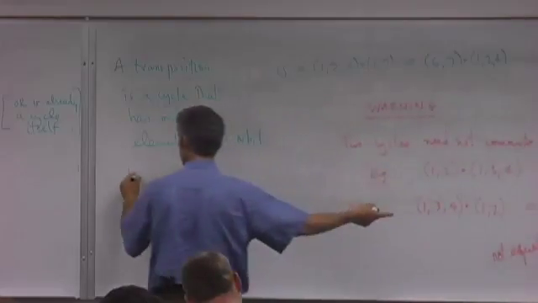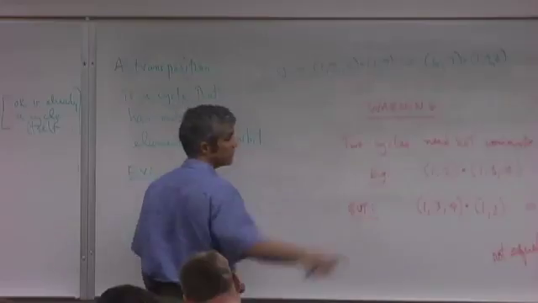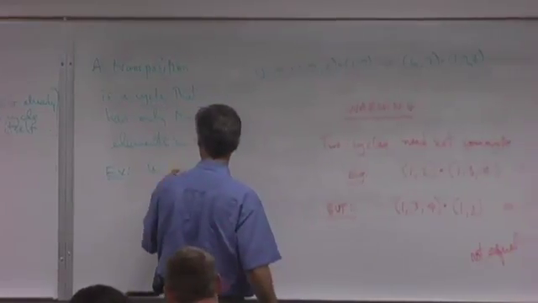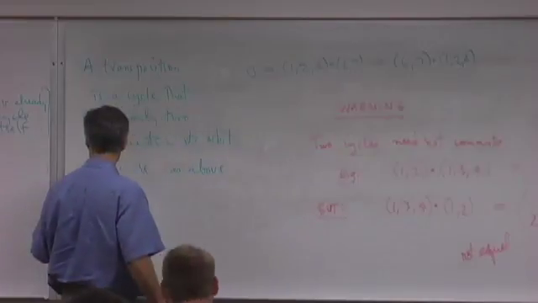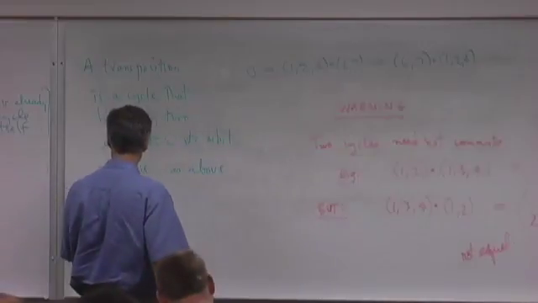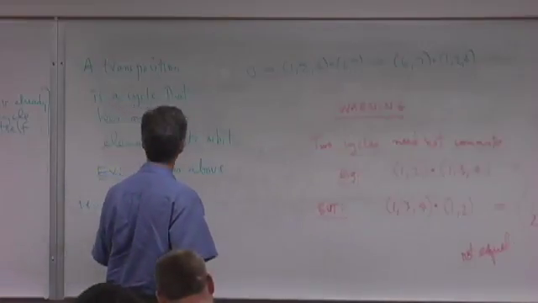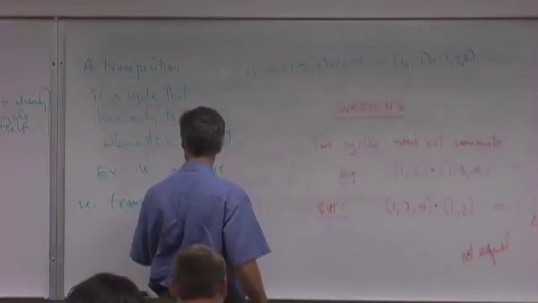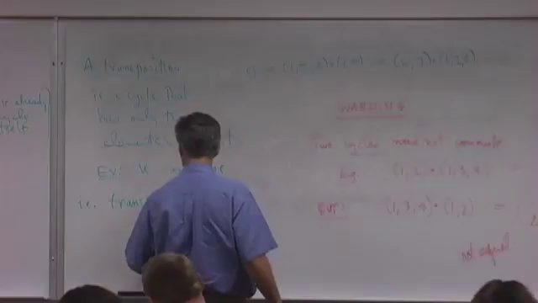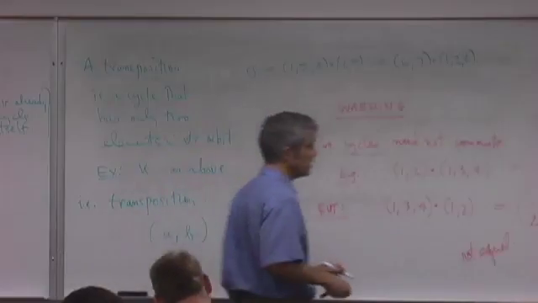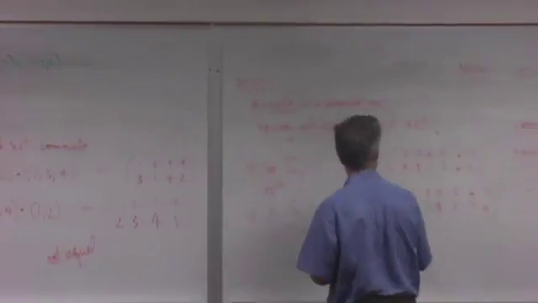For example, kappa from above. So the point, rephrased, is that a transposition means that you've written down a cycle that only has two things in it, so it looks like (A, B). So here, for instance, kappa is just (6, 7).